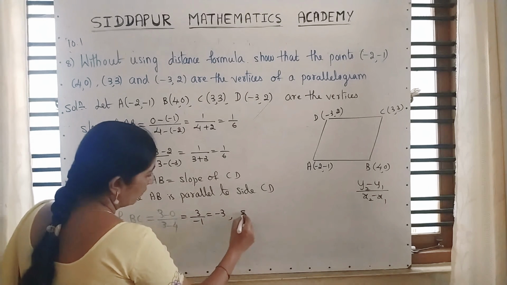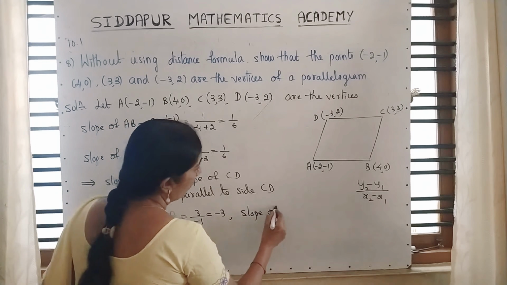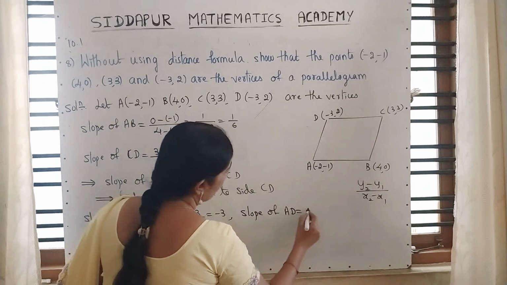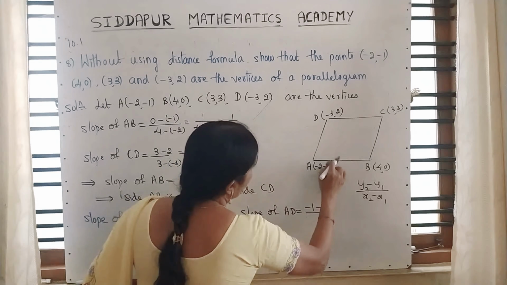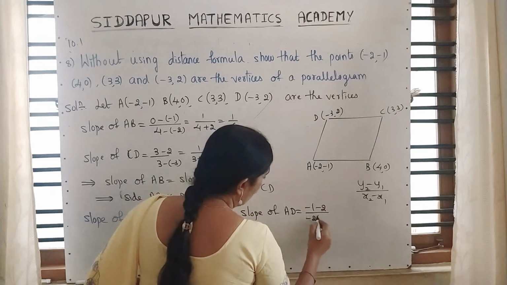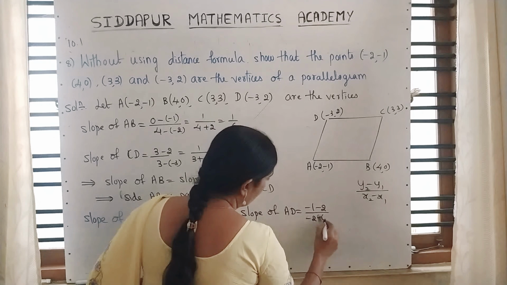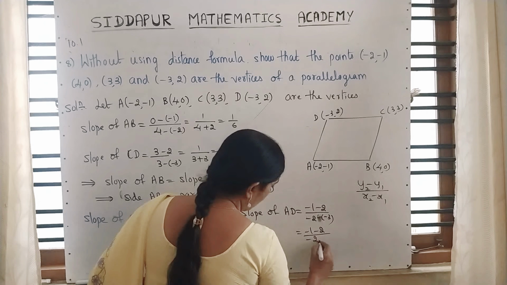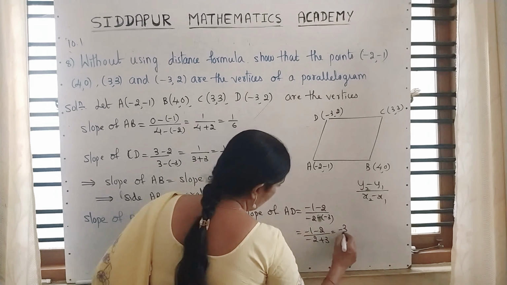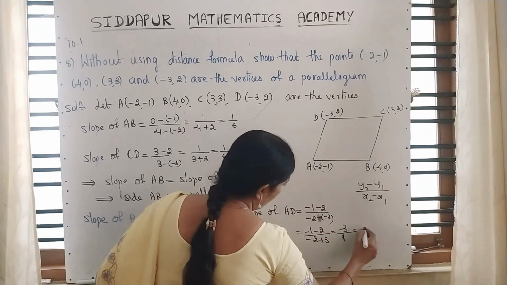Now the slope of the opposite side, that is AD: minus 1 minus 2 divided by minus 2 minus of minus 3. That is minus 1 minus 2 upon minus 2 plus 3, minus 3 upon 1, which is minus 3.